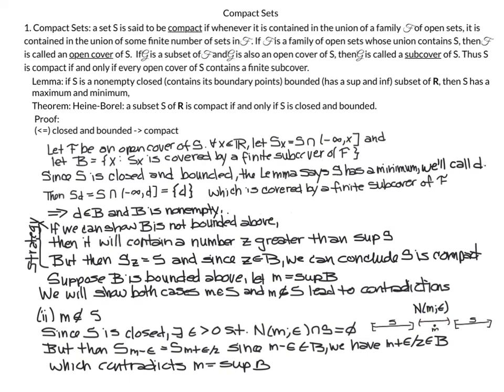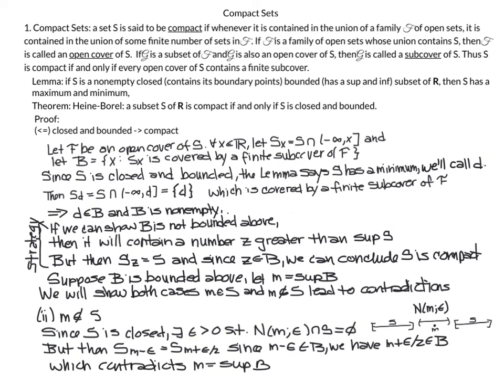Then if we look at these Sm minus epsilon and Sm plus epsilon over 2, again looking at our definition over here, so Sm minus epsilon, so M minus epsilon will get us to the very border of S, and it is S intersect negative infinity including M minus epsilon. So that'll just get us the point including M minus epsilon, because M minus epsilon is not in this, that's the very boundary.